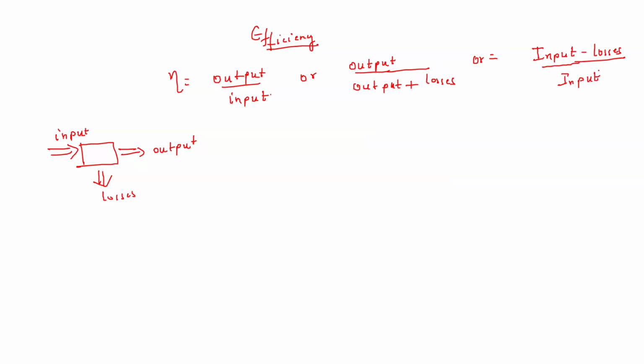Either way, depending on the data given to you, you can use either this form or this form. You will see that it will be said there is this much efficiency, say 75%, or 5% losses.